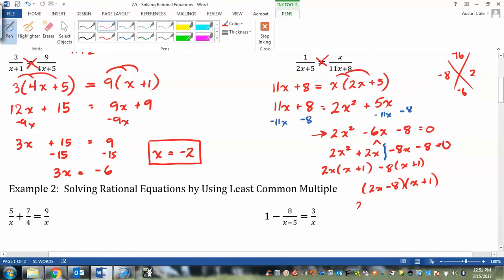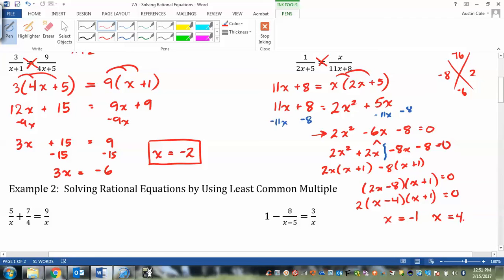So if I take a 2 out of here, I get x minus 4 and x plus 1. Again, that's equal to 0. So if I set both of those equal to 0, my x values are x equals -1 and x equals 4.